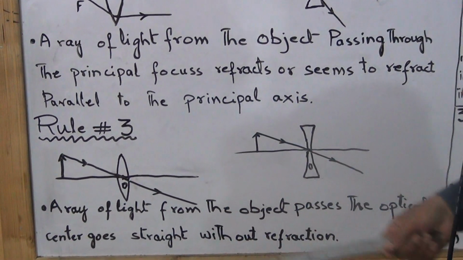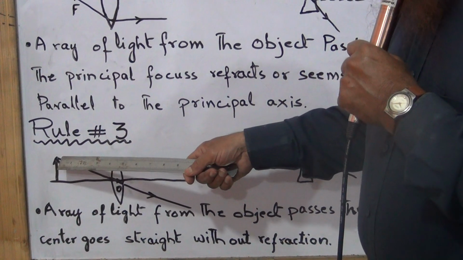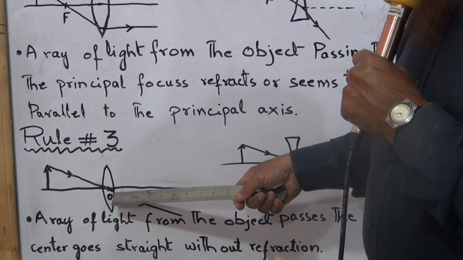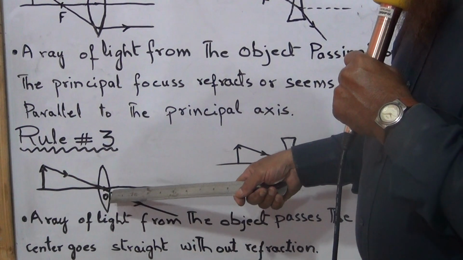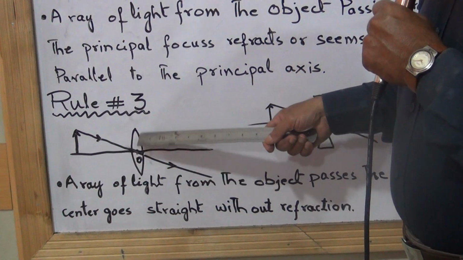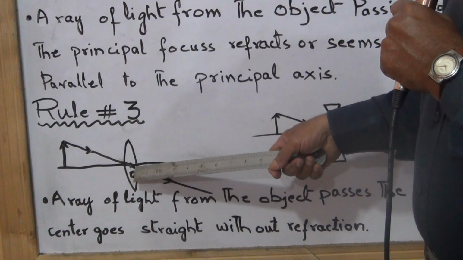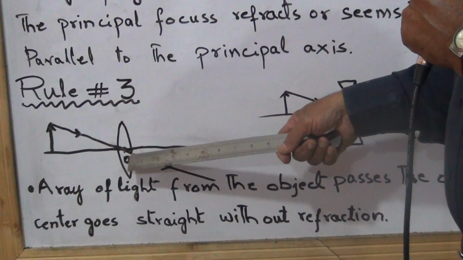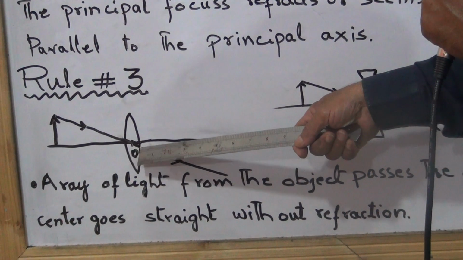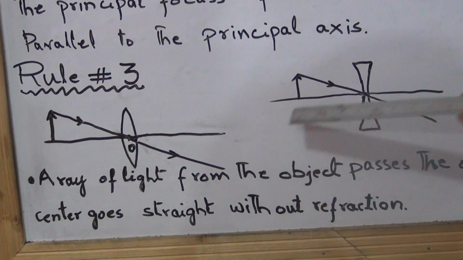Rule number three, a ray of light coming from the object strikes at the optical center. As in the mirror it is called pole, but in lenses the center of the lens is called optical center. Striking at the optical center, it goes straight without refraction.